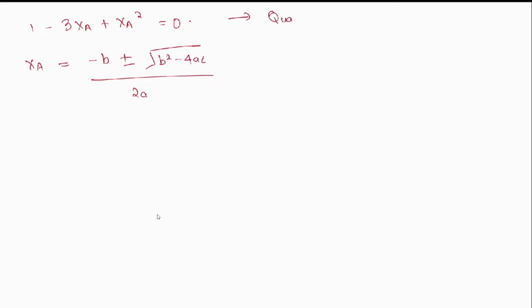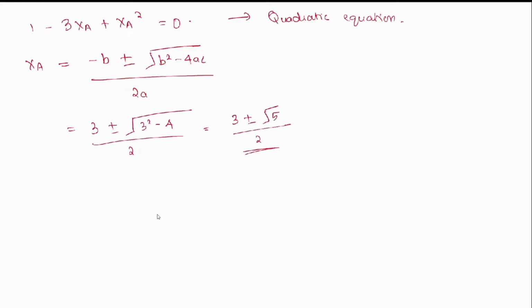So Xa will be 3 plus or minus root of 3 square minus 4 by 2. So that will be 3 plus or minus root 5 by 2.